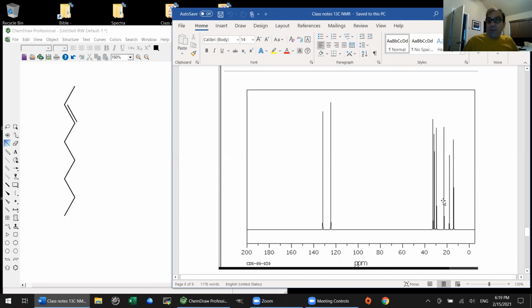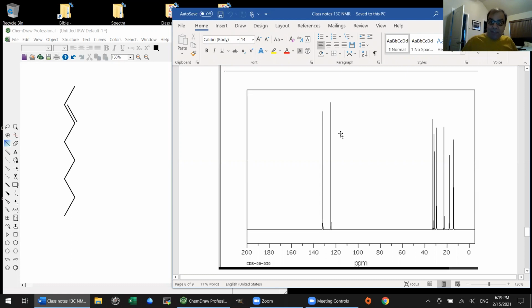As to which of those is which, I would not be too fast to predict, except I would think maybe that these two that are allylic, that are next to the alkene, might be the two that are furthest downfield. It's a reasonable guess. Even as to which of these two alkene carbons is which, I don't know that I would be comfortable hazarding a guess.